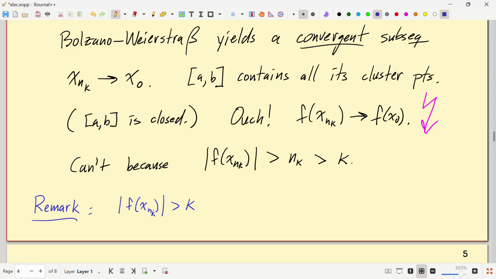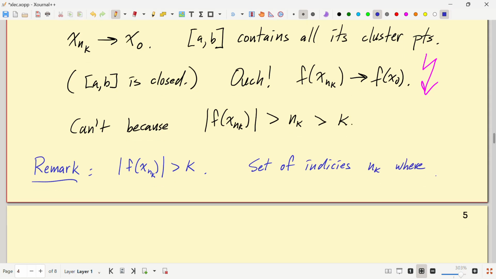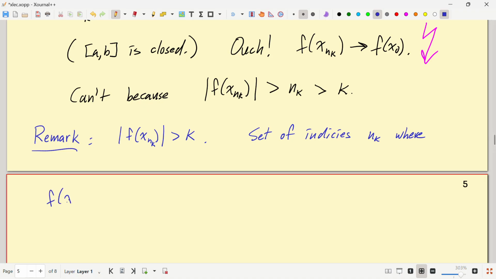the set of indices nk where f of x_nk is positive, let's call that I plus, or negative, let's call that I minus.